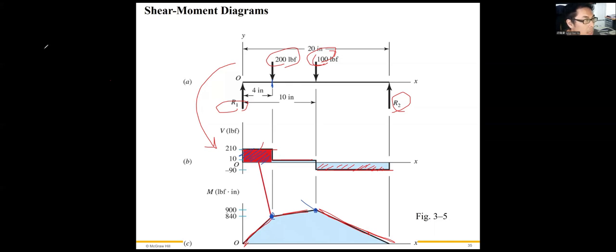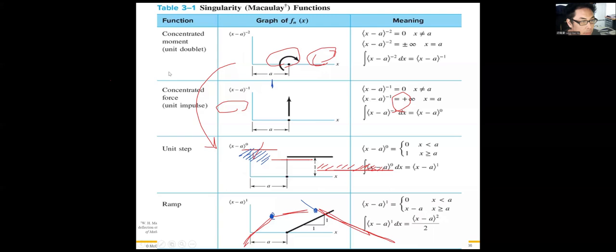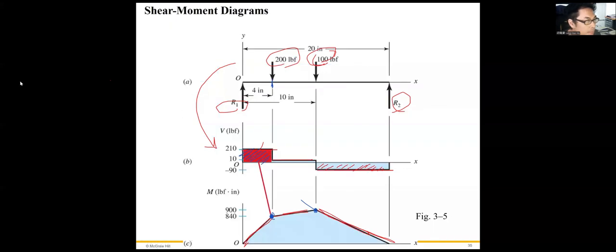And then we just add the area from this shear force diagram. So area 1 plus area 2 equals the moment at this point.